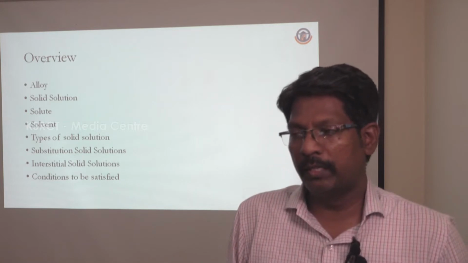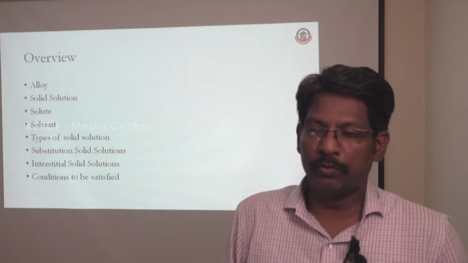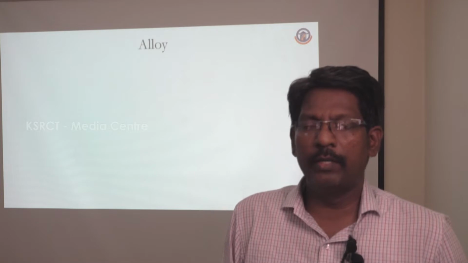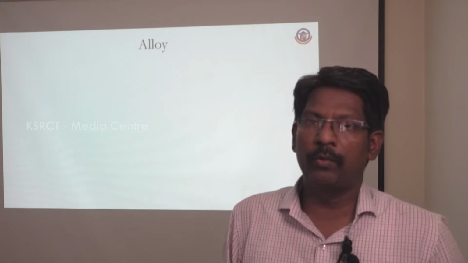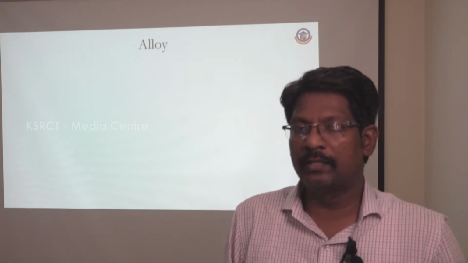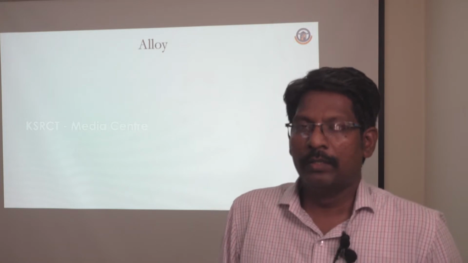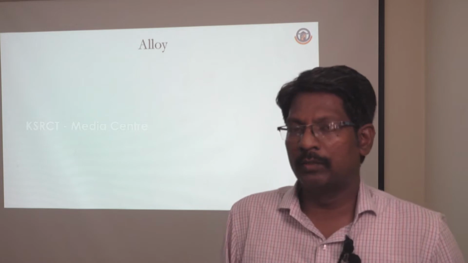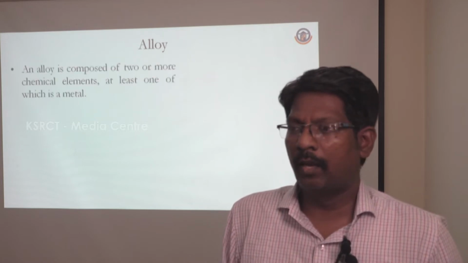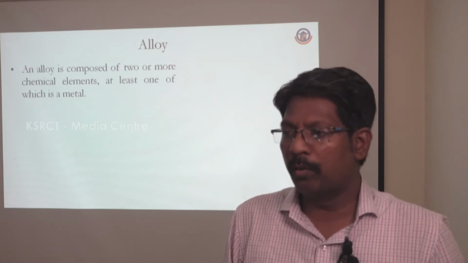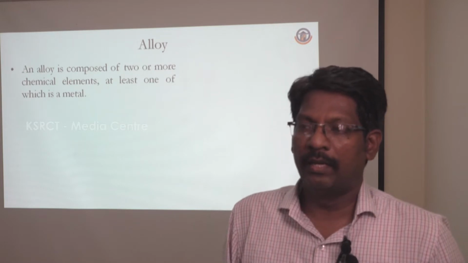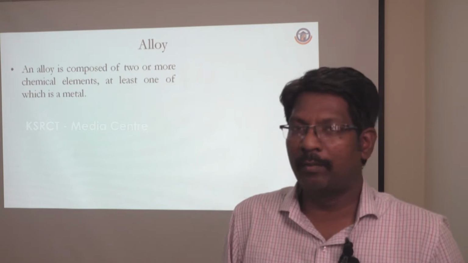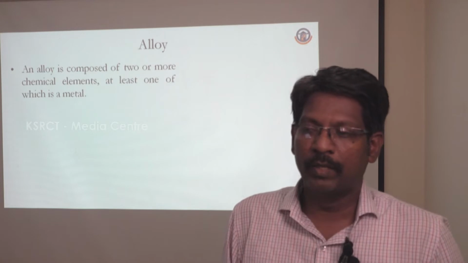So let me move on to the topic, solid solution. Before going into the solid solution, we have to discuss what an alloy is. Generally we hear the term alloy. So what is an alloy? An alloy is composed of two or more chemical elements in which at least one of the elements needs to be a metal.